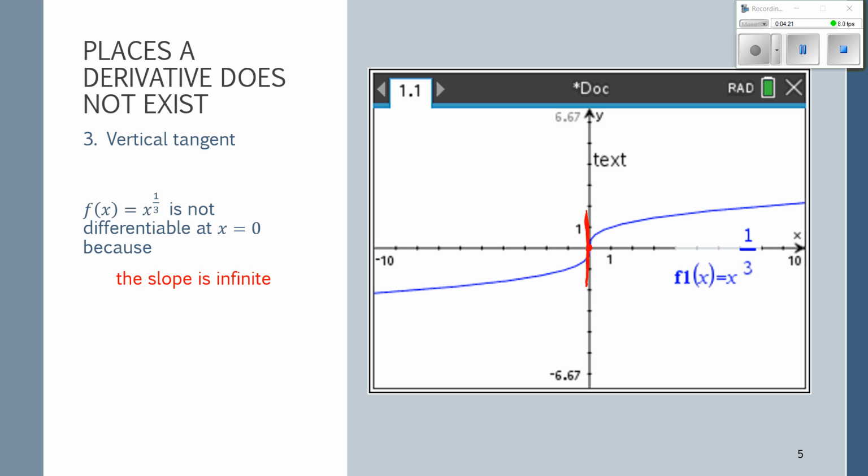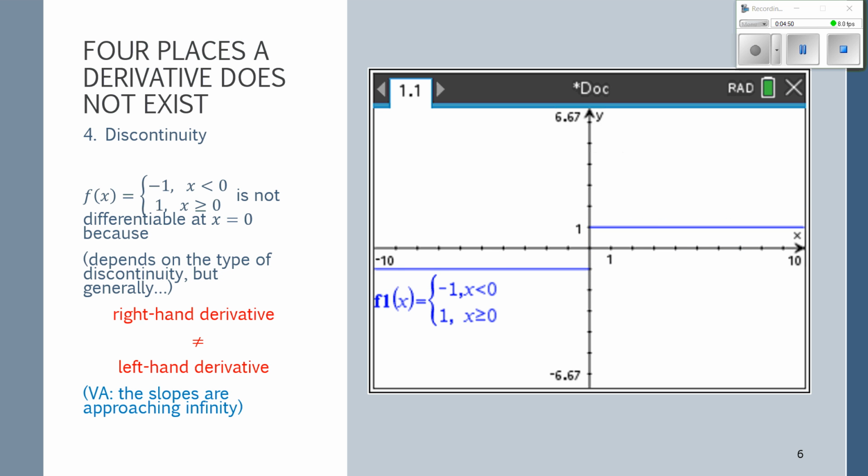So the function is continuous, it's the tangent that's vertical. And the issue there is that the derivative is the slope, and the slope of a vertical line doesn't exist because the slope is approaching an infinite value, and infinity is not a real number. So if I have a vertical tangent, the derivative does not exist because the slope is infinite. These are actually pretty rare. We don't come across these very often.